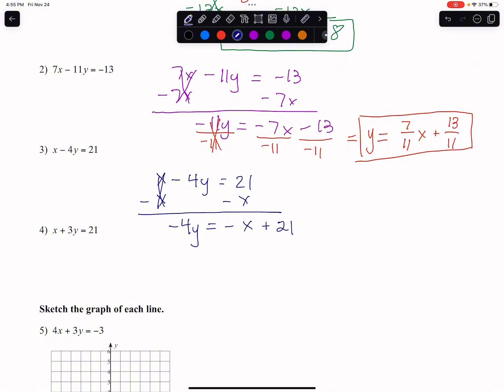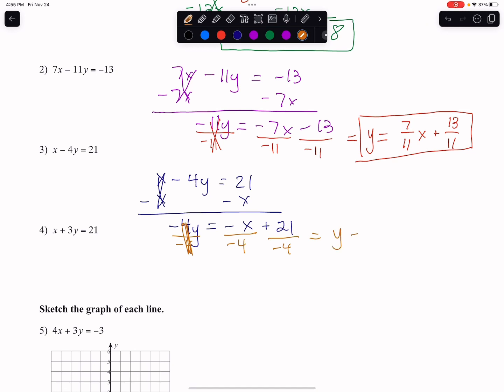Are we how we want it yet? Nope, because there is a number on the y. So we need to divide everything by -4, because that -4 is stopping the y from being by itself. So this will go away.